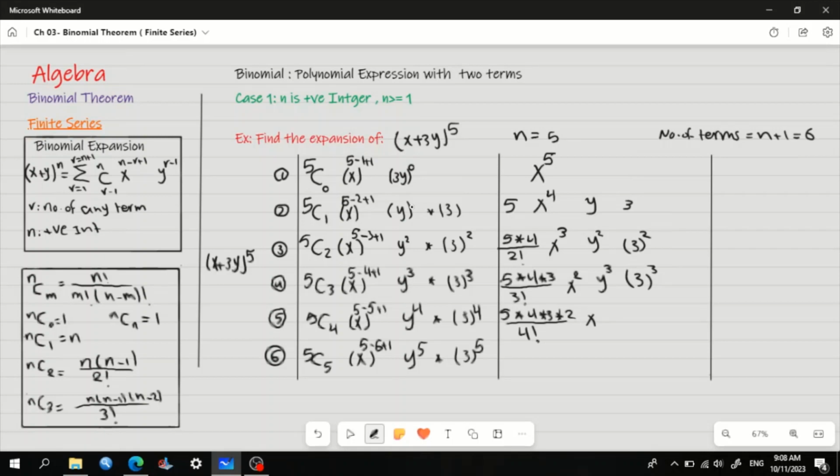Here we have x y power 4, 3 power 4, where the power of x is 0. And 5 combination 5 equals to 1, so we have here y power 5, 3 power 5.